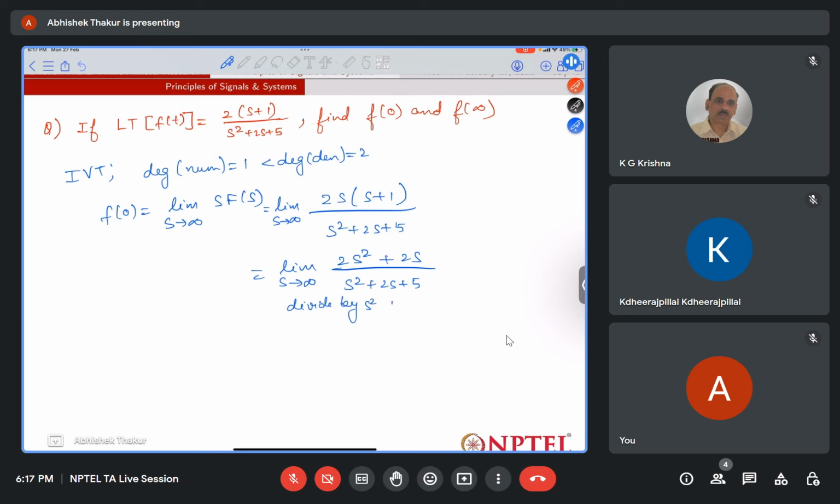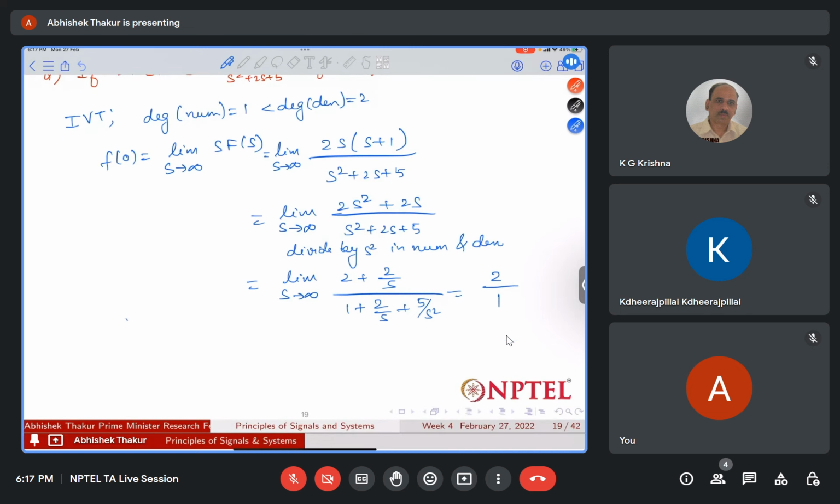After that you get limit s tends to infinite of 2 plus 2 by s divided by 1 plus 2 by s plus 5 by s square. When s tends to infinite, all the terms having s in the denominator will be 0, so that will be 2 by 1. So our f0 is equal to 2.